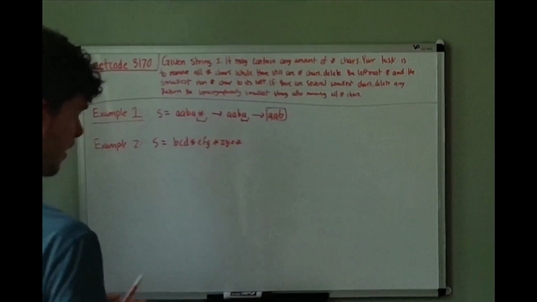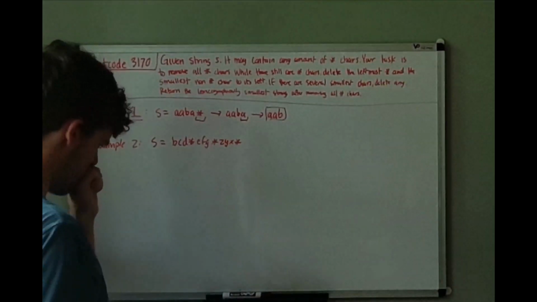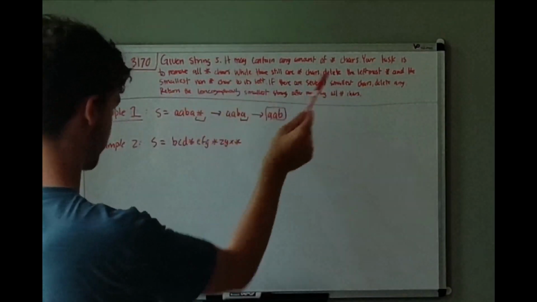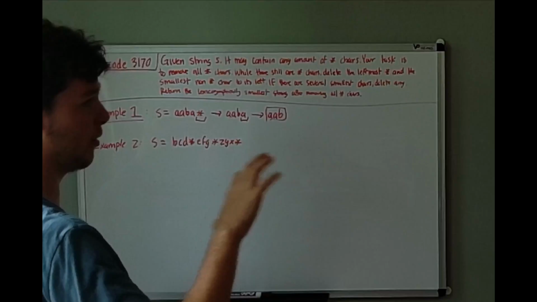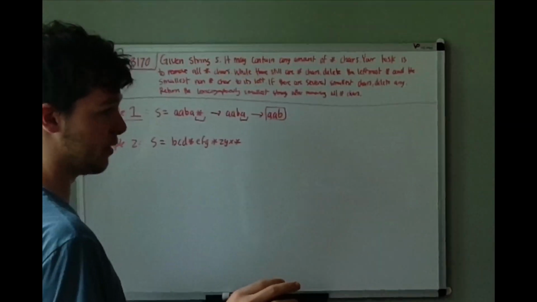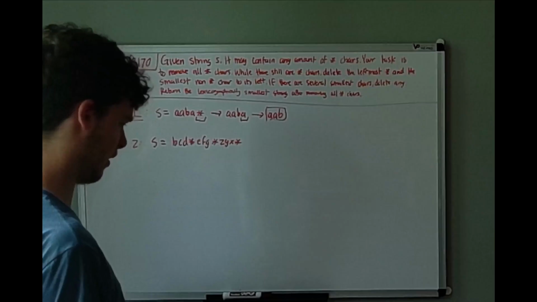And let's go through what happens in this string for the problem. So I think our outermost loop is going to be a while loop that runs until there are no stars left in the string.